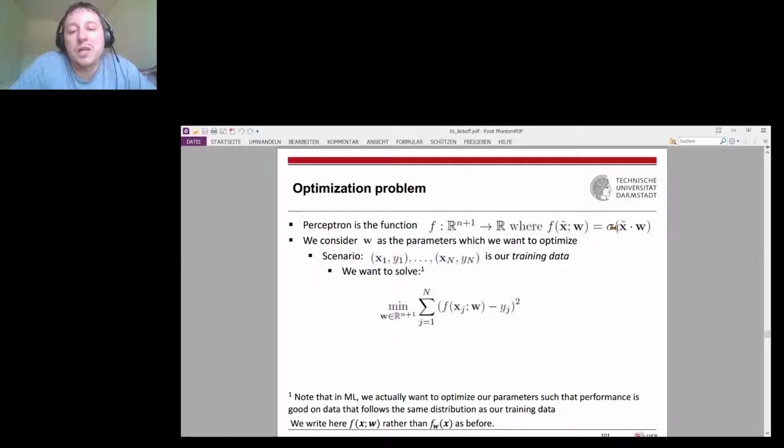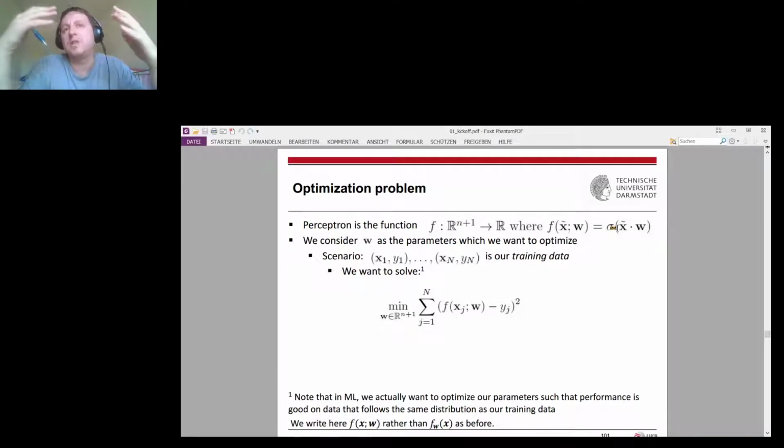What we have in practice is data. I already mentioned this x as our input data. Now we do not only have one input vector, but we have multiple input vectors, like different points in a space.